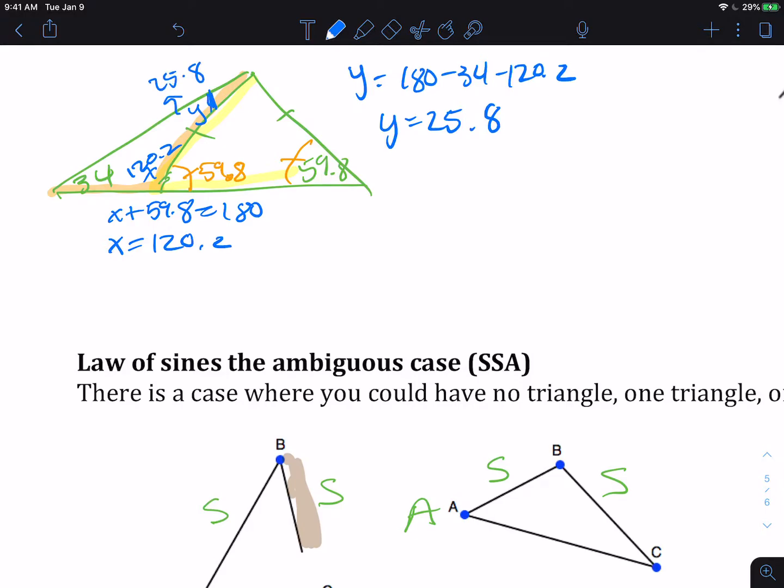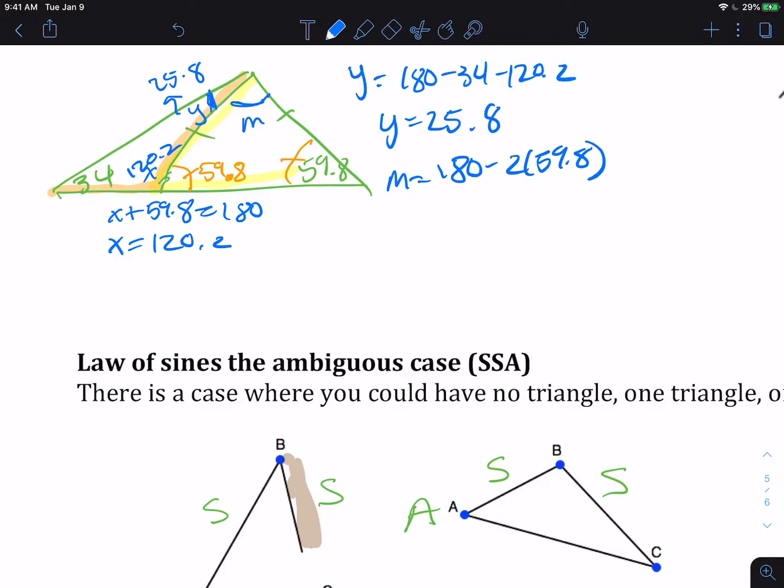Well, we also have this angle that we can find. Let's call this M. So notice in the yellow part of the triangle that we have the 59.8 and the 59.8, so we can do M is 180 minus 2 times 59.8, or minus 59.8 minus 59.8.